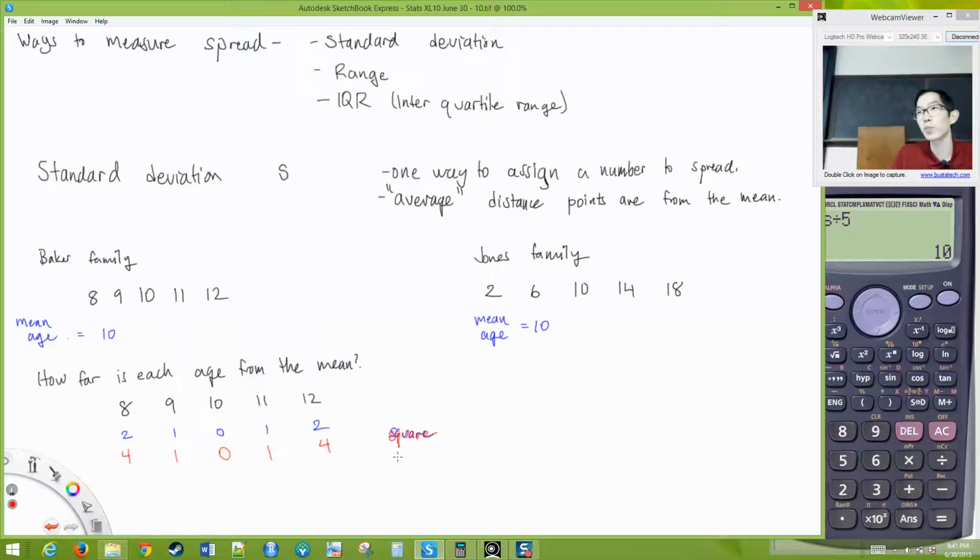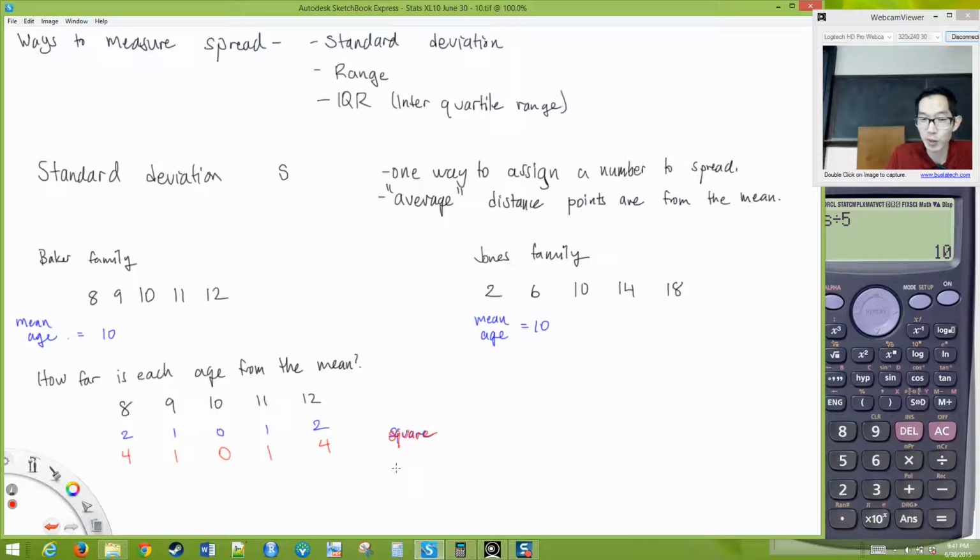Okay, and then we're going to take the mean. So to take the mean, we add them up and we divide by how many numbers we have, right? But again, we make our lives complicated, so we're going to add them up but divide by one number less. Okay? We're going to add them up and divide not by 5, but divide by what? 4.